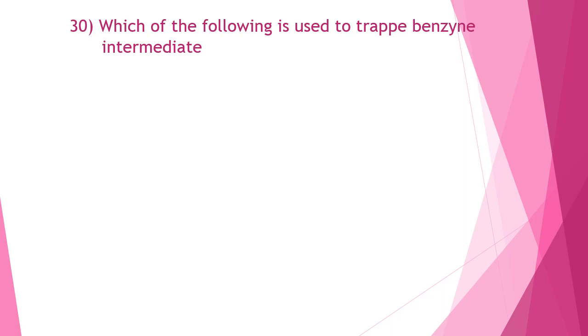Question number 30. Which of the following is used to trap the benzyne intermediates in aromatic nucleophilic substitution reaction? That is the question.